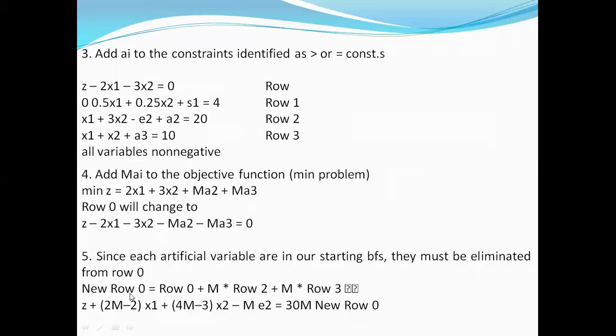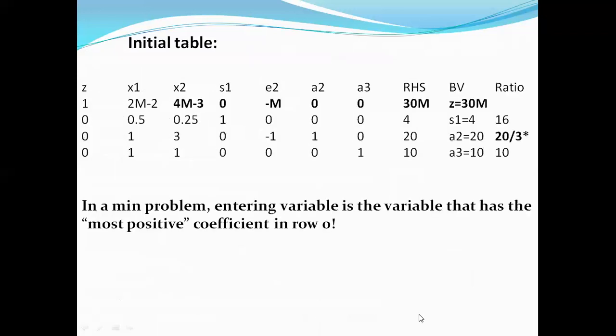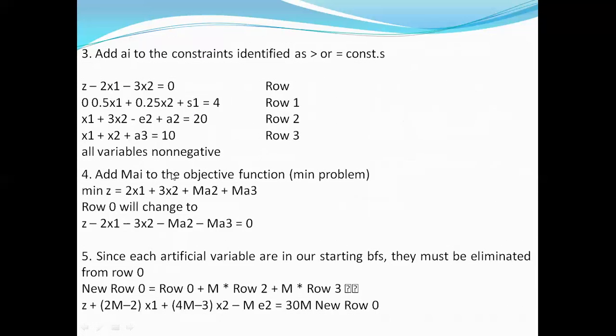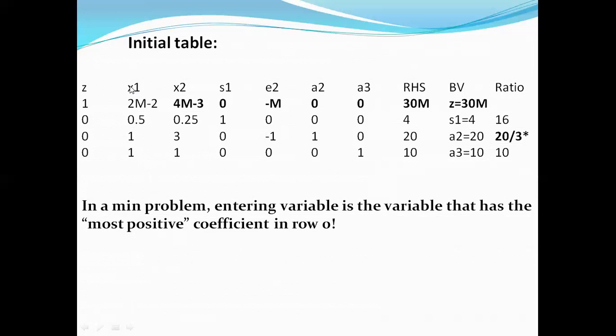Upon simplification, we will get a new row 0 value. Considering the initial table, Z as an output variable will definitely be 0, and the obtained value is 2M minus 2. Variable x1 here specifies the sugar content, how much percentage of sugar he is considering.